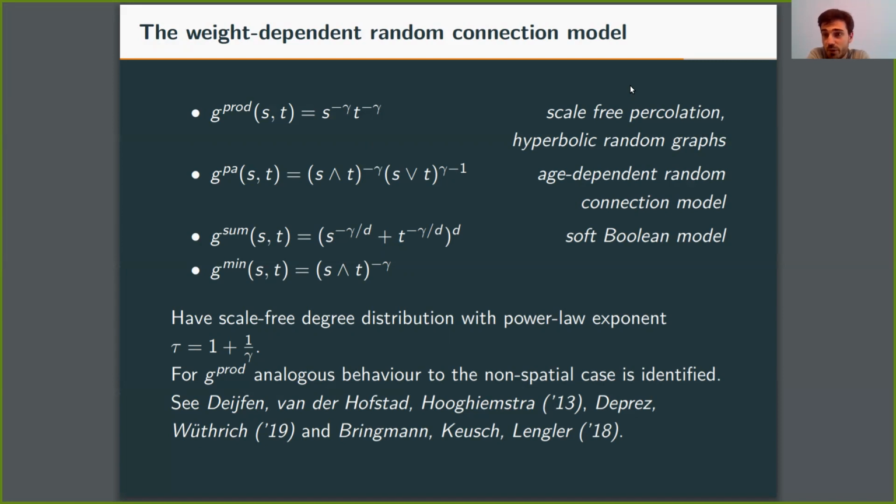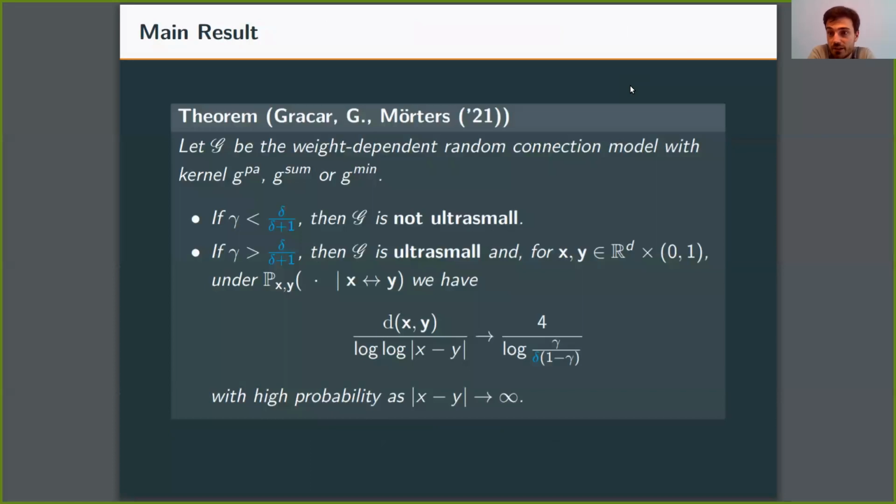Well, but what happens for the other three kernels? Do we see an influence of the spatial embedding in terms of delta for these three kernels? And the answer is yes. This is the case. Peter Gracar, Peter Mörters, and I have shown that for either the preferential attachment, the sum, or the min kernel, we have non-ultra-smallness if gamma is smaller than delta over delta plus 1, and the graph is ultra small if gamma is larger than delta over delta plus 1.